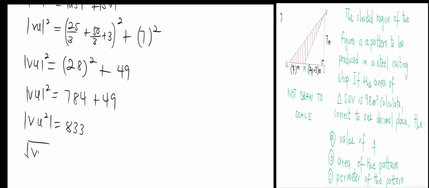So square root of VU squared will be equal to square root of 833. So we take square root of 833, we are going to get a result of 28.9. Okay, in one decimal place, so 28.9, and that will give us our VU. Okay, so our VU is equal to 28.9 meters.